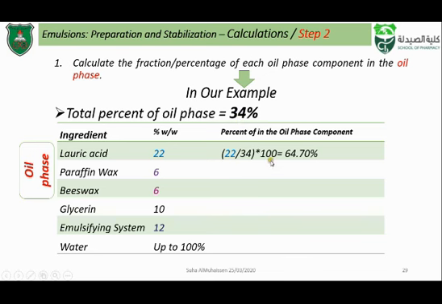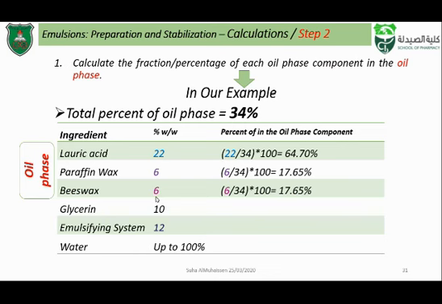Then for lauric acid it is equal to 22 divided by 34 multiplied by 100. For paraffin wax, it is 6 divided by 34 times 100, which is equal to 17.65, and beeswax, again, the same value since it has the same percent in the emulsion.